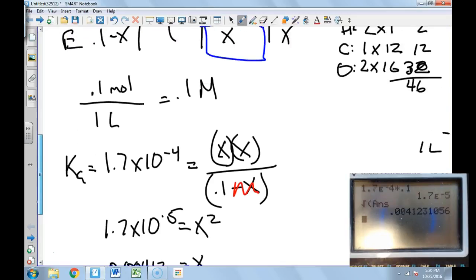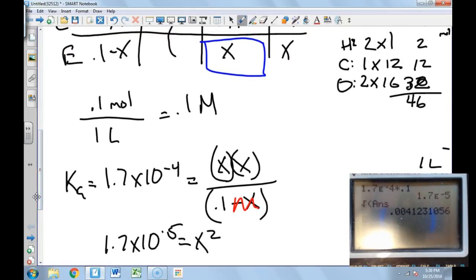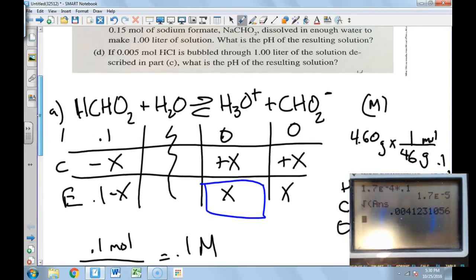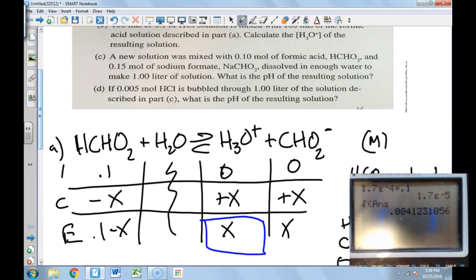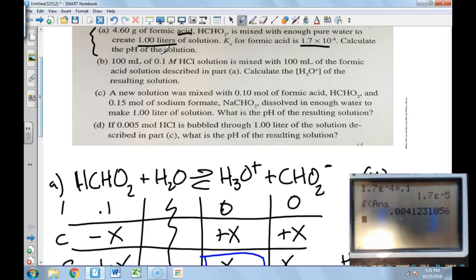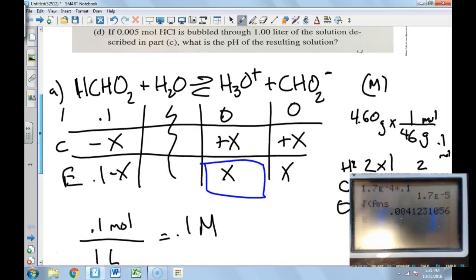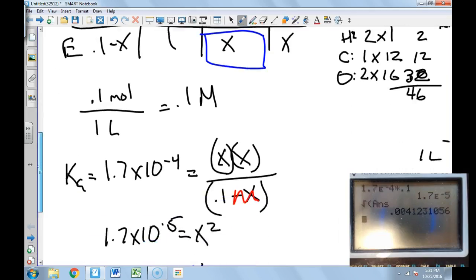Now, that's not done because the question asks for the pH. The pH of the solution is the negative log of this value in blue.